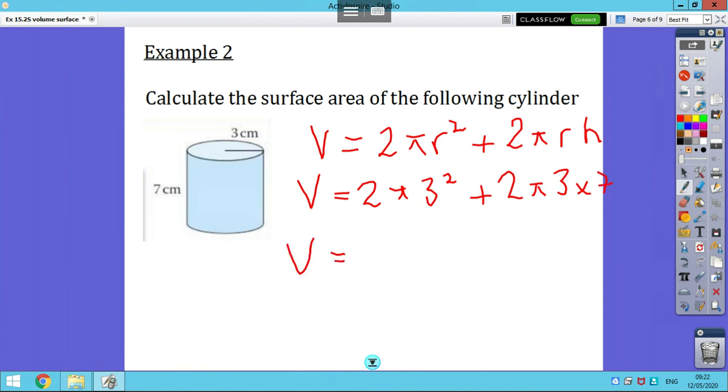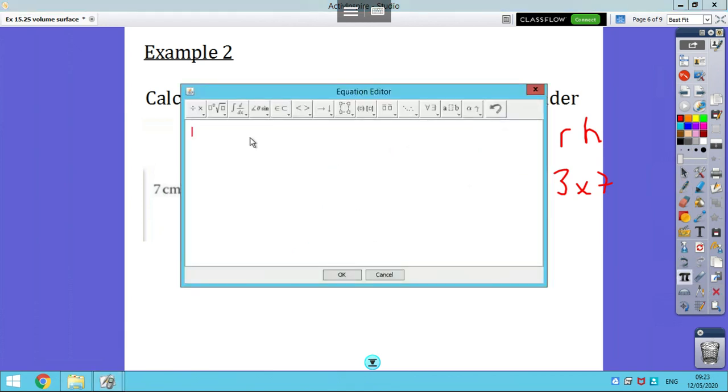Now you can just chuck that into your calculator. I would use brackets to separate the plus sign. So I open bracket, 2 times pi times 3 squared, close bracket, add, open bracket, 2 times pi times 3 times 7, close bracket. So I'll write to you what I have in my calculator.